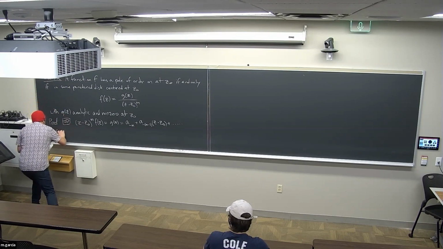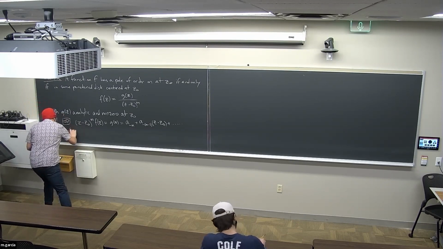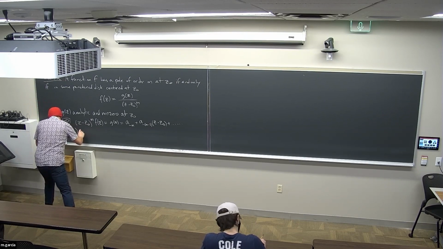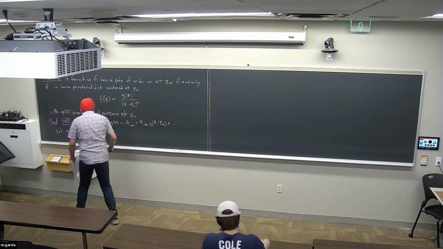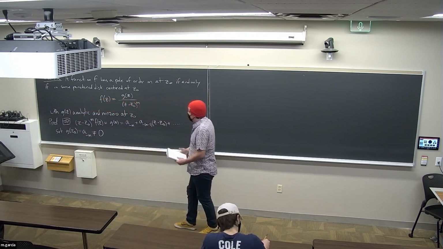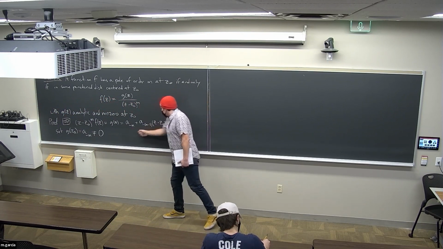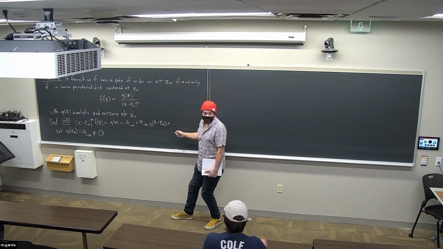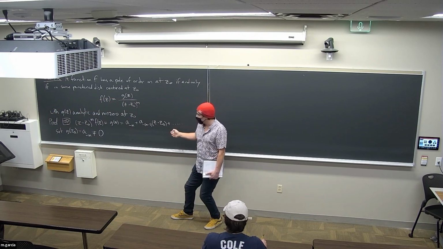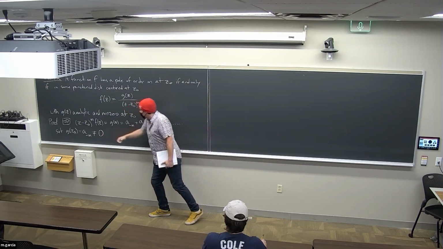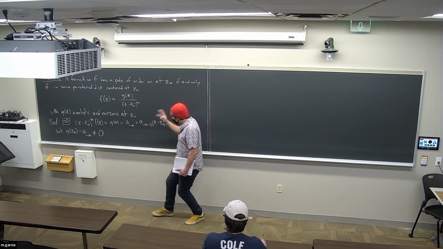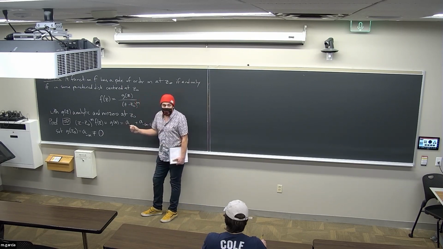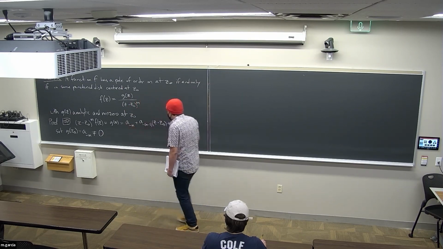Then we just set g of z naught equal to a sub negative m, which by assumption is non-zero. So clearly this is analytic in the neighborhood, since it has no negative exponents, and it's also non-zero because, by virtue of z naught being a pole of f, we know that this coefficient must be non-zero.